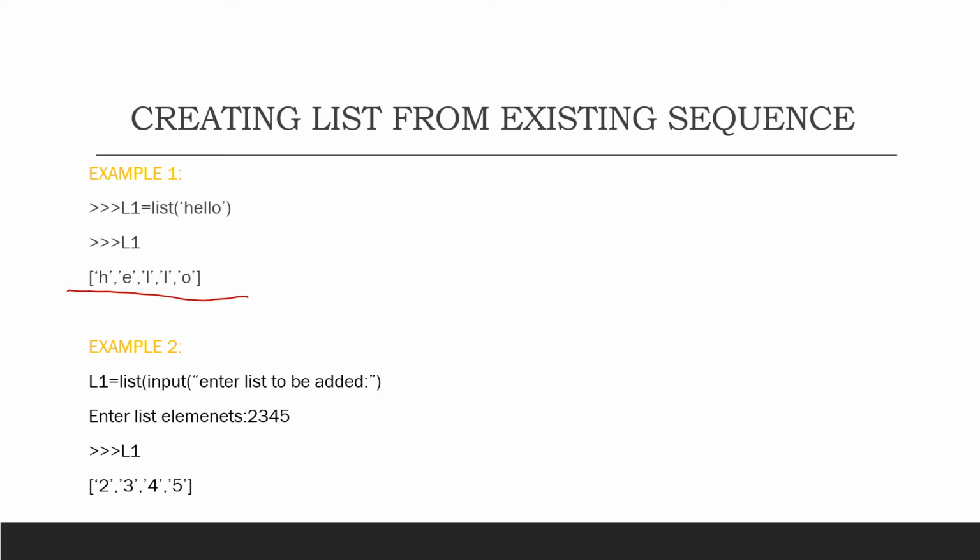Example 2: L1 is equal to list input, enter list elements. You have to add whatever elements you want to add. Here, for example, we have taken 2, 3, 4, 5. When this gets executed, it shows the output as 2, 3, 4, 5 with quotes.